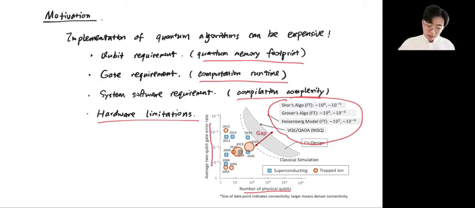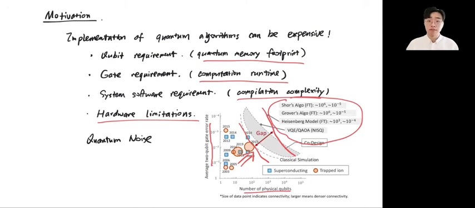We are seeing devices getting larger and more accurate over the years, but there's still a substantial resource gap that prevents us from executing those large algorithms directly on existing hardware. The reason these emerging devices are challenging to scale up is largely because the level of quantum noise in these devices is relatively high.